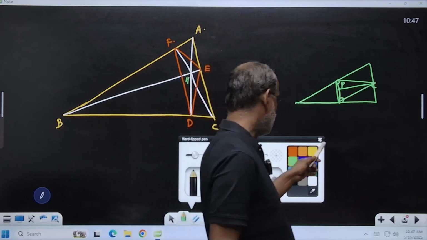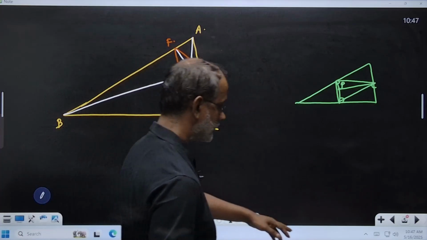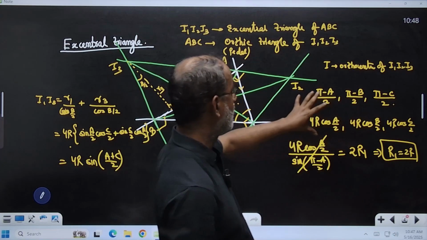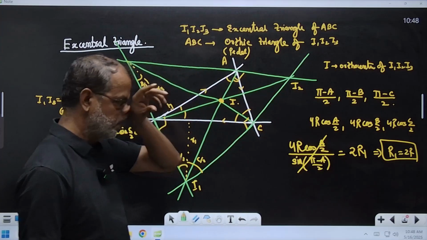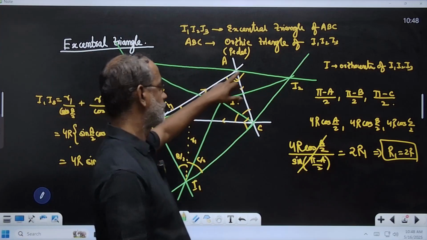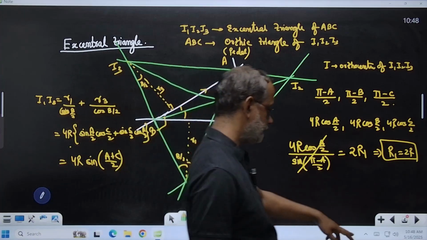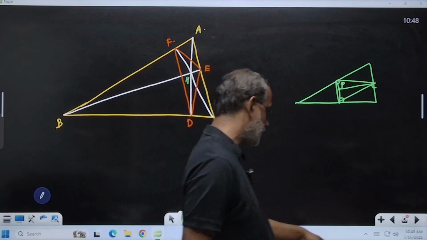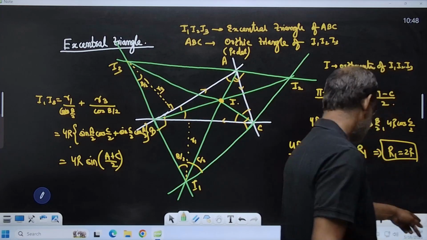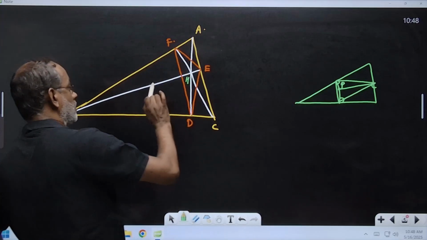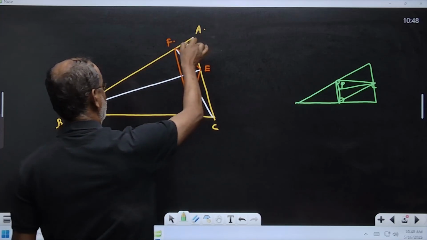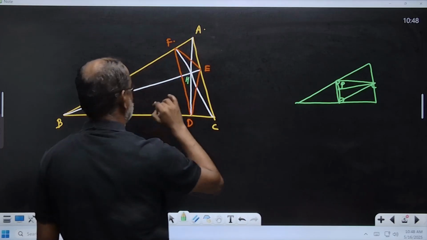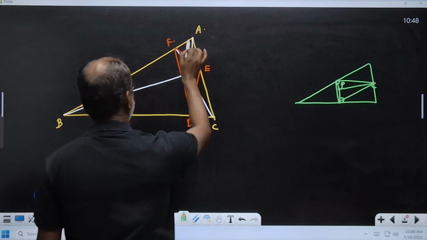Now, if you want to know sides, if we have solved this one, I think from here we can conclude what are the sides of the pedal triangle. So, I think the angle came out to be pi minus A by 2. Okay. So, this angle is pi minus A by 2. Okay. If this is the excentral triangle, if this is A, this is pi minus A by 2.